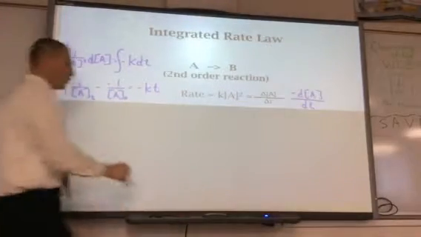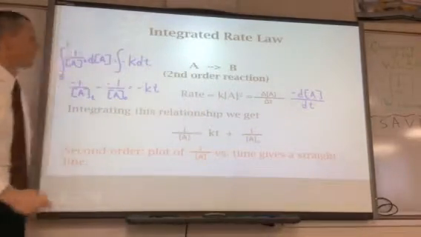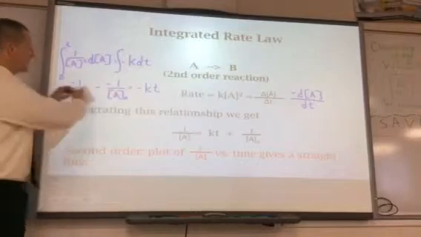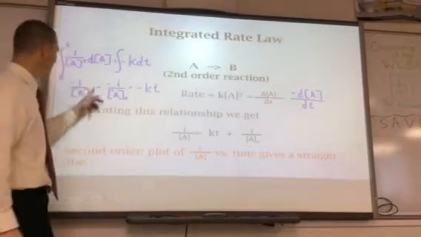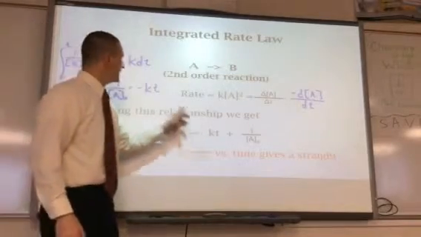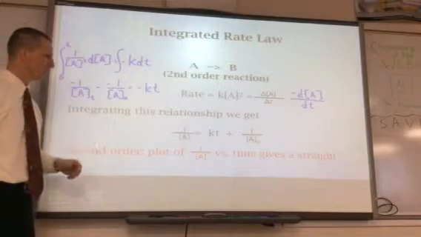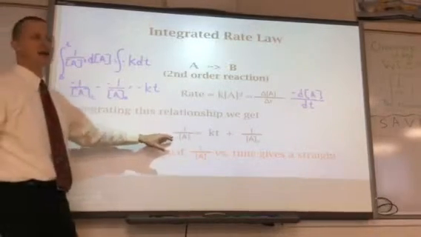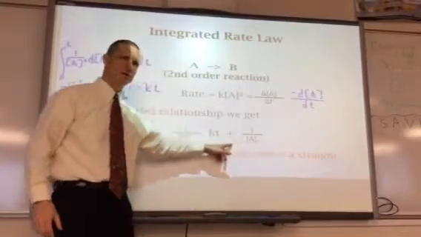Rearranging that whole thing and getting rid of all the negative signs, we'd have 1 over the concentration of A equals kt plus 1 over A0. So if it's a second order reaction, this gives a straight line.